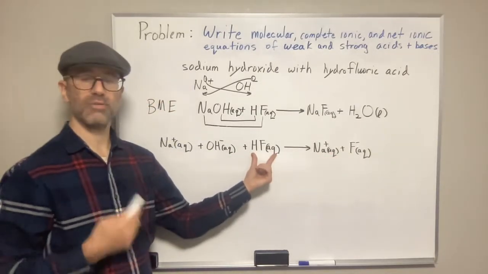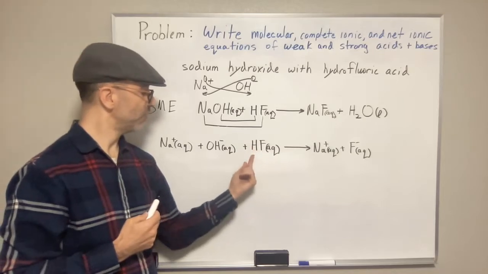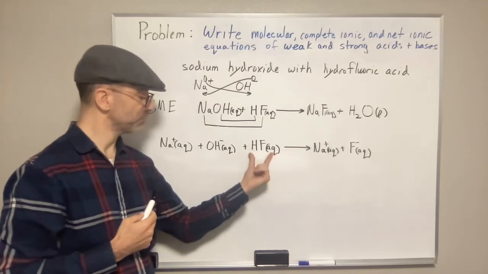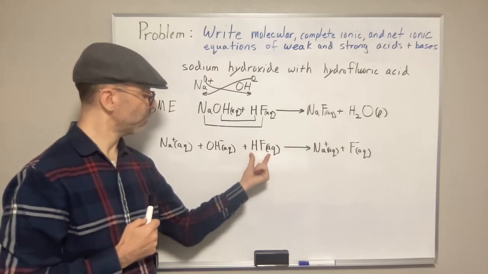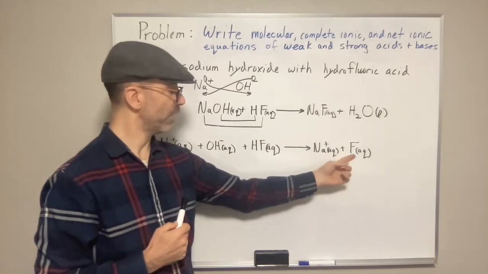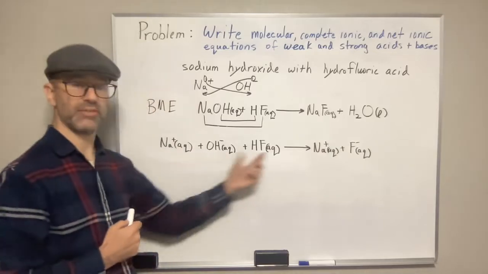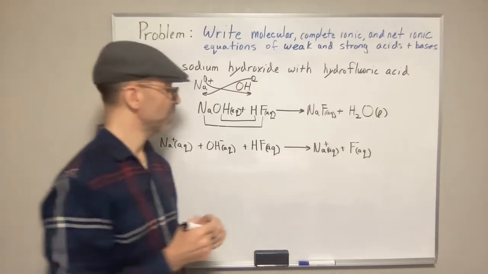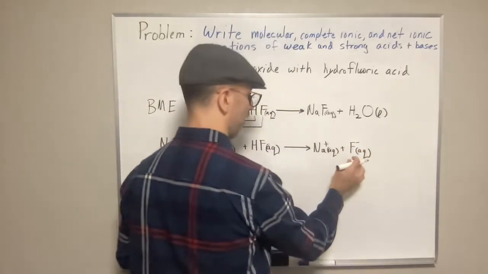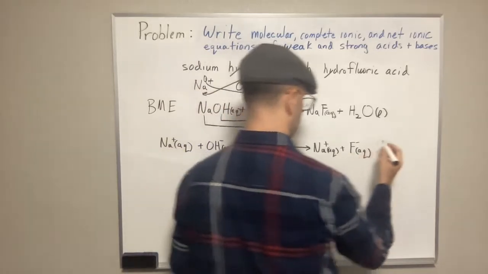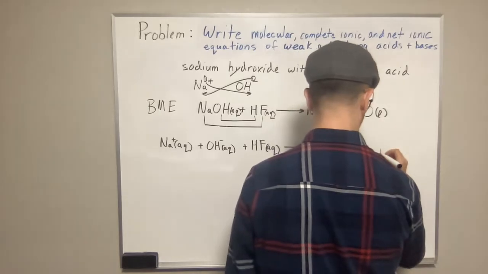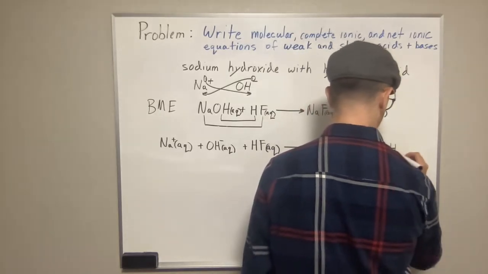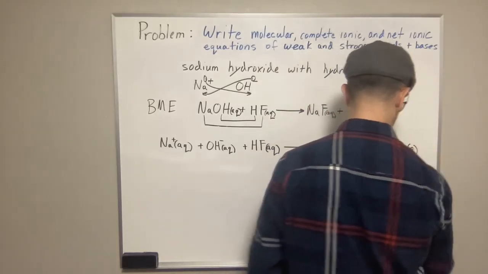Because some of the HF is going to separate a little bit. So we do have a reaction going on. Your strong base is going to react with the weak acid. So we're going to get our F minus here, and then we're going to have our H2O liquid.